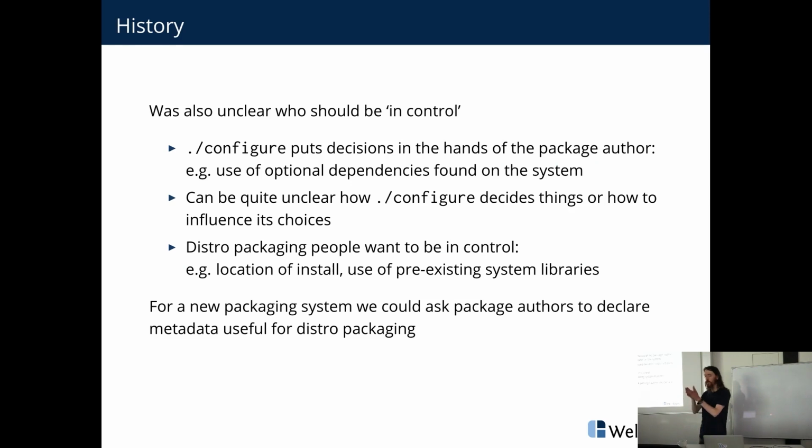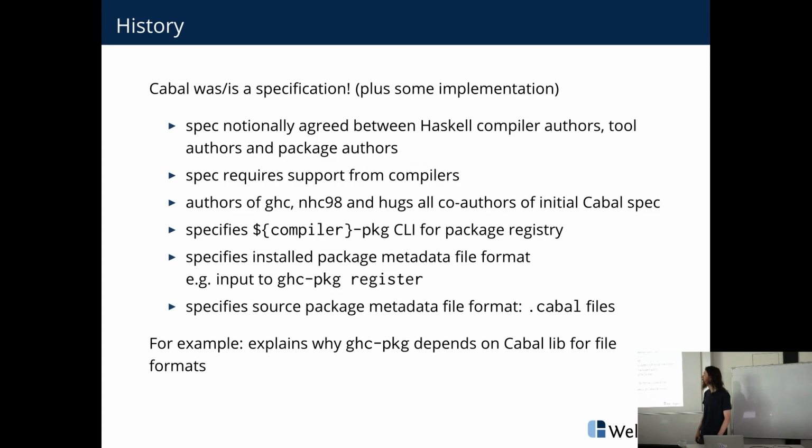So we tried to factor it in Cabal in a more balanced way, because we already had this experience from being on both sides of the fence, of being the author as well as the painful experience of being a distro package maintenance person. So Cabal was, and indeed still is, notionally a specification as well as an implementation.